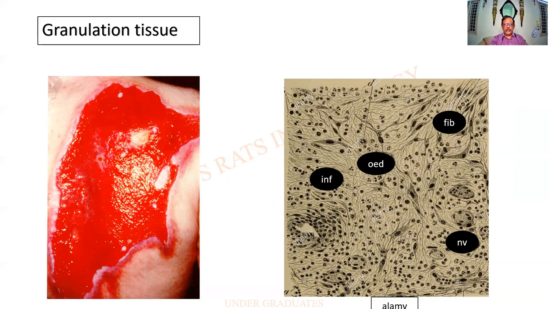What is it microscopically? You find that this is the granulation tissue, a superb diagram from Alami. Credit goes to them. This is the stroma inside, and there is an edema. Initially, you people would have observed, whatever be the surgery or anything, there is a swelling of the tissue that is due to edema.